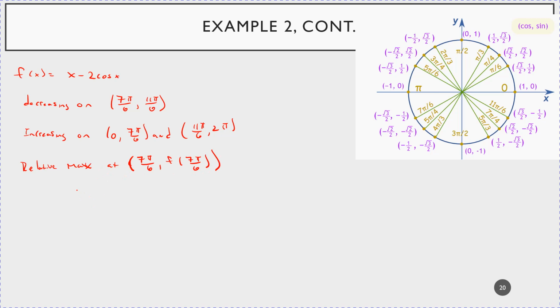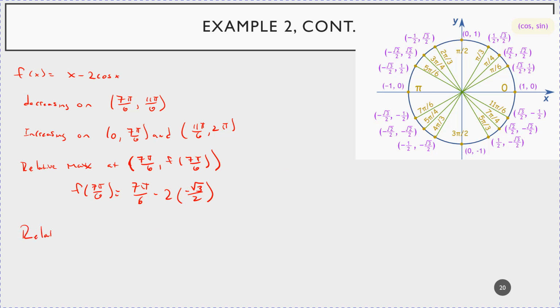And if it helps, at this point just to see what f of 7 pi over 6 is, well, you're plugging in for x, so that's 7 pi over 6 minus 2 times cosine of 7 pi over 6. So cosine of 7 pi over 6 is minus the square root of 3 over 2. So you know, negative negative would make that a positive.